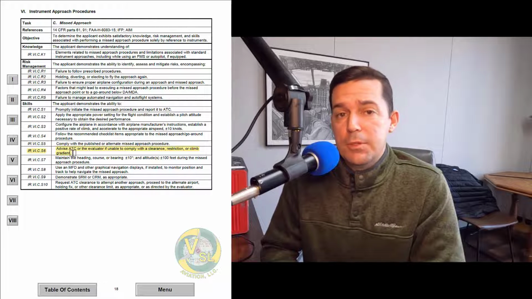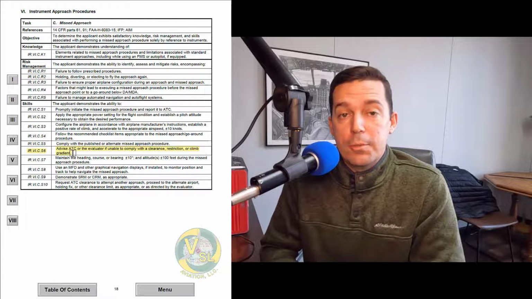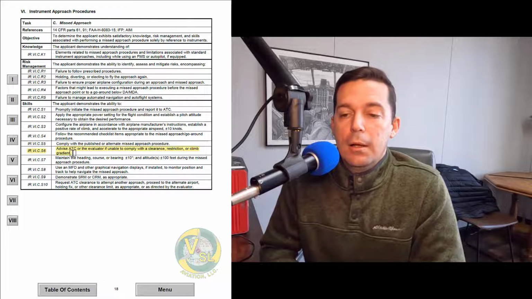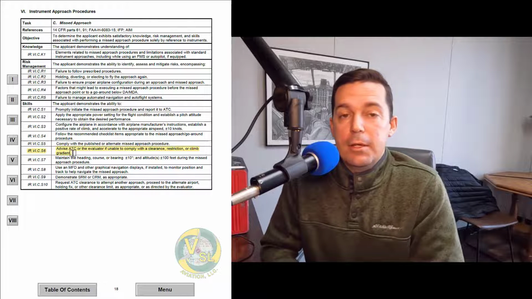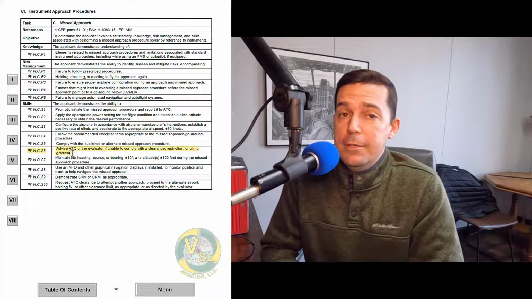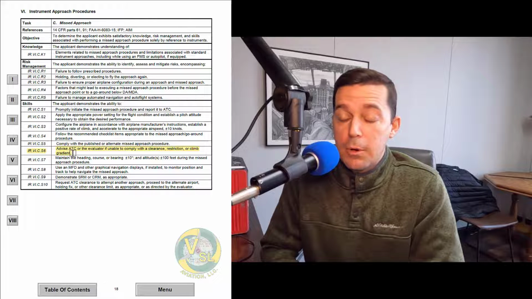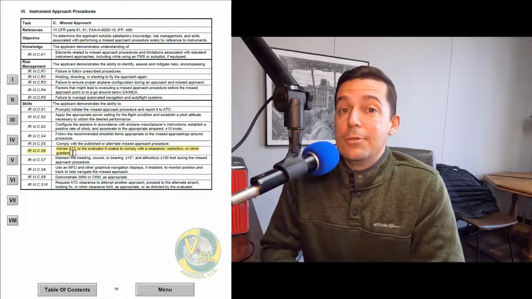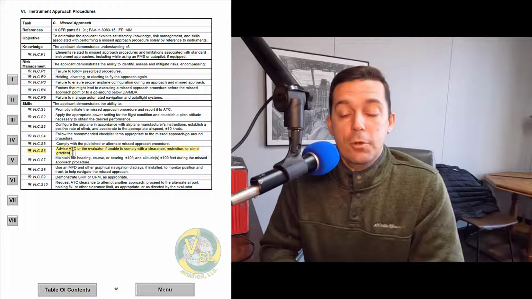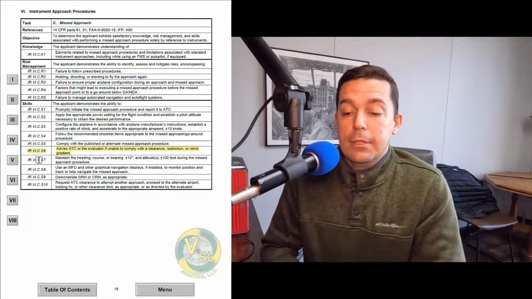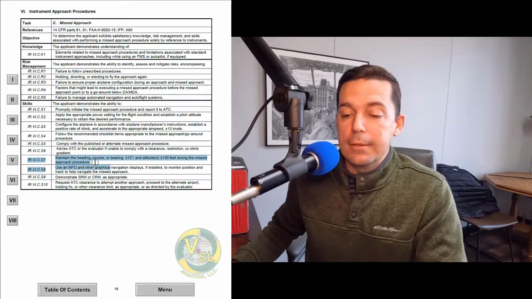Also, in some missed approach procedures, it might dictate, especially if it's at an airport that has an obstacle departure procedure, an ODP, it may have published climb gradients for the missed approach, and if you can't comply with those, you probably need to identify that prior to completing the approach, and then not do the approach if you can't comply with the missed approach. But anyway, you need to notify me if you can't comply with anything.